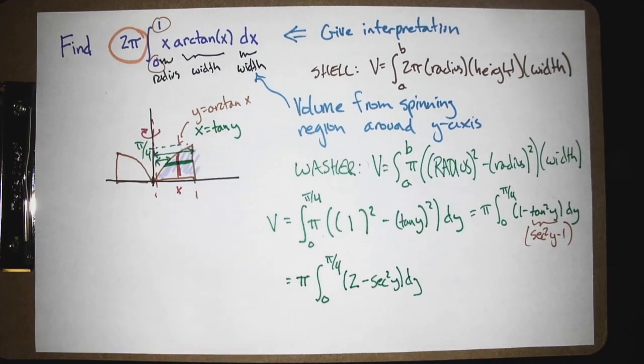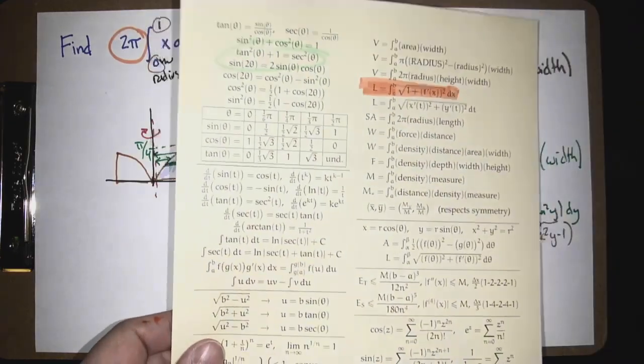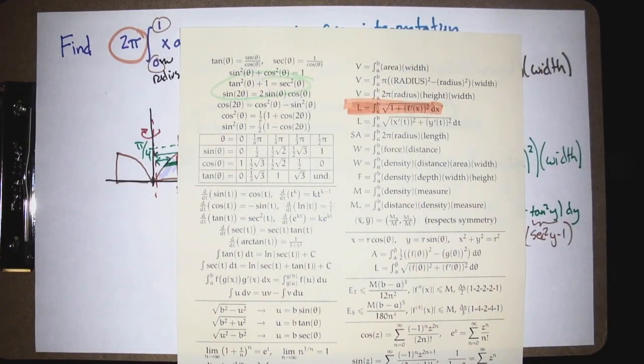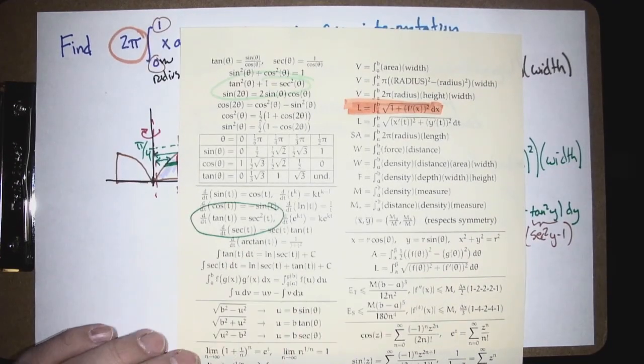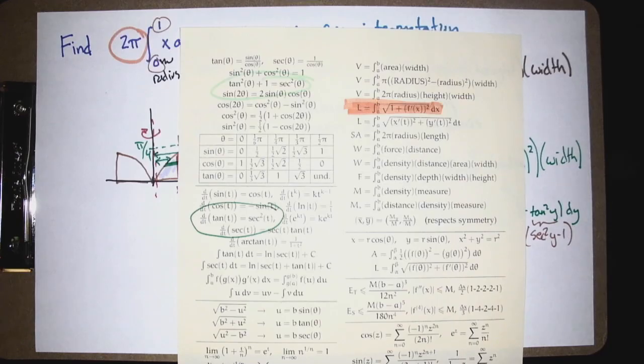All right, now can we integrate secant squared? Back to the formula sheet. Does it show up anywhere? The derivative of tangent is secant squared. So the integral of secant squared is tangent.